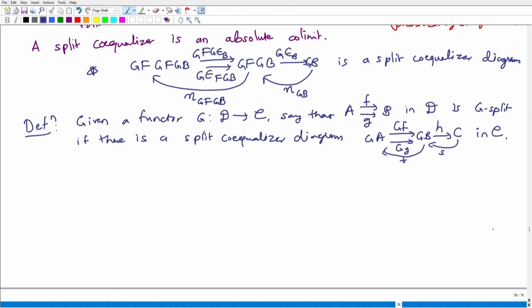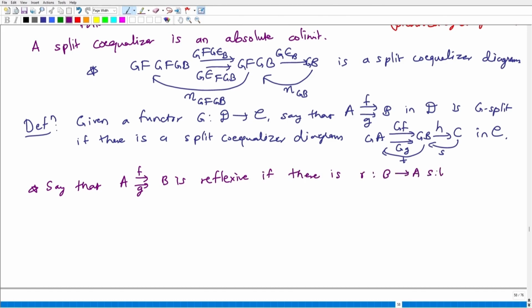There is another property that this particular diagram has, so let me write another definition. We say that a parallel pair of arrows is reflexive if there is R from B to A such that it is a common splitting for both of them, such that FR is equal to GR is equal to 1B.